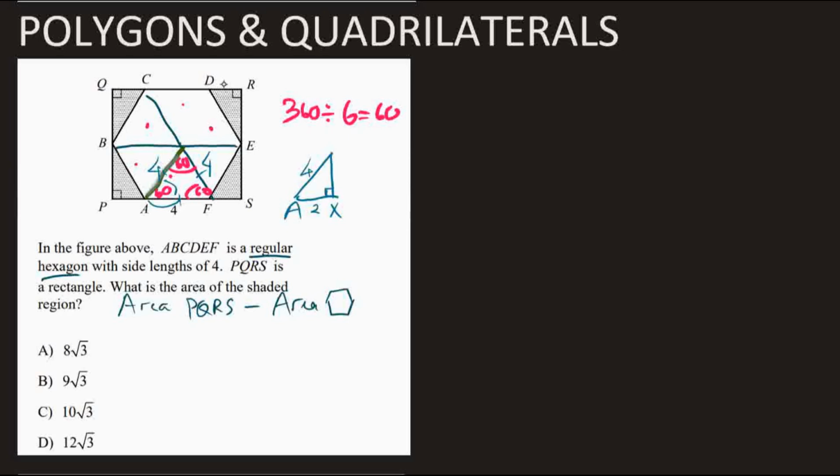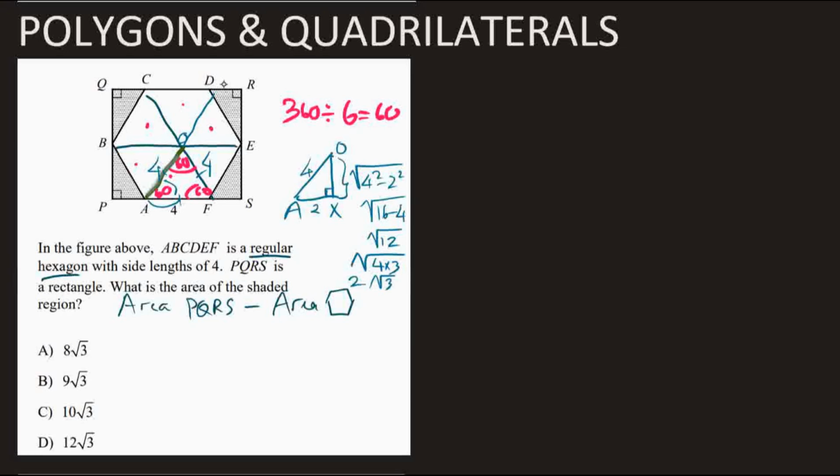So now we can count this one. If we name this as O, OX will be square root of 4 squared minus 2 squared. It will be square root of 16 minus 4, square root of 12, which is split into 4 times 3, and 4 we take the root out, 2 square root of 3.